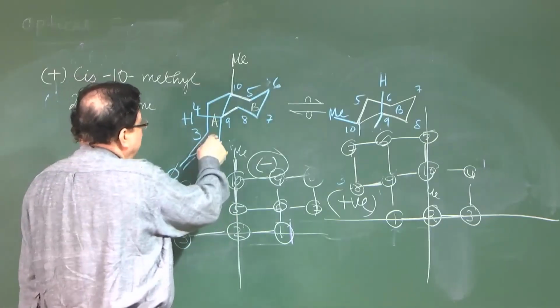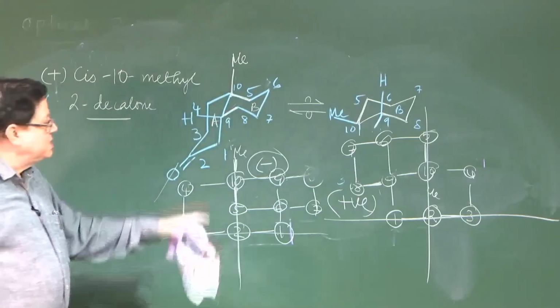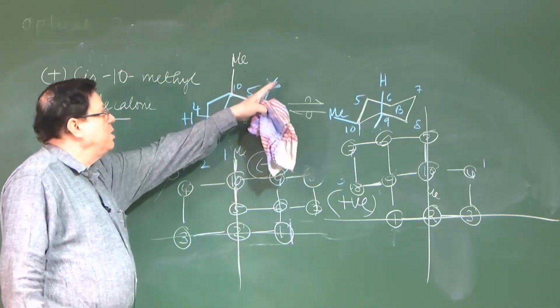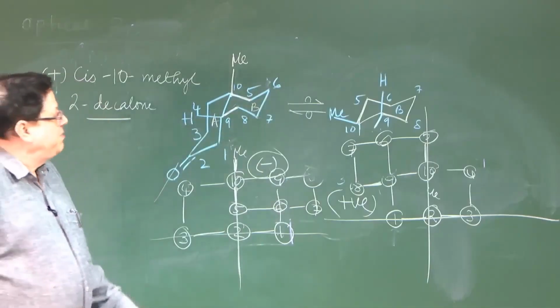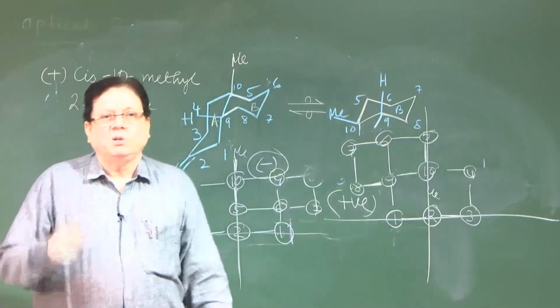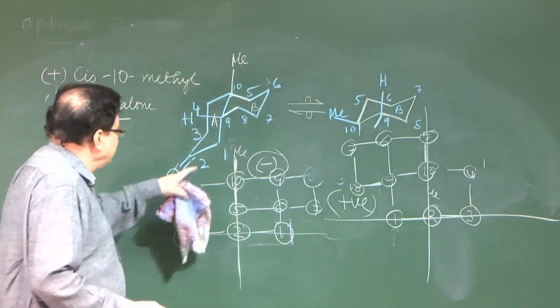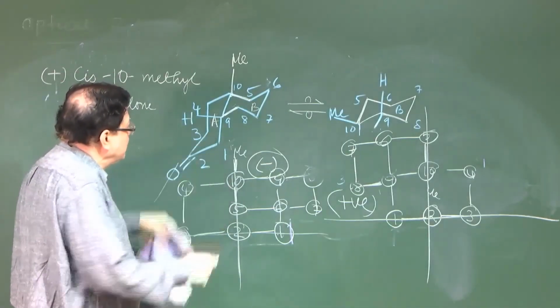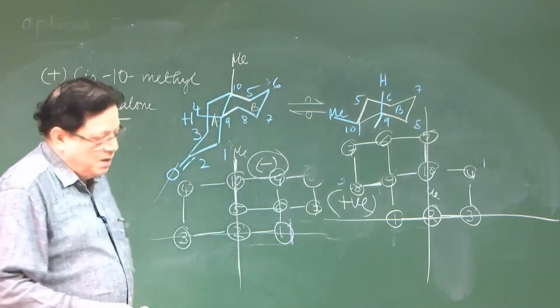Simply because if a steroid has this conformation, then only you can complete the chair form of the other C ring. But if you start with this non-steroidal, then it is not possible to complete the C ring that way. So, that is why this is called a steroidal conformation, and this molecule exists in the steroidal conformation by applying this Octant rule.